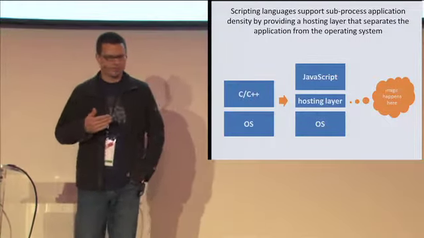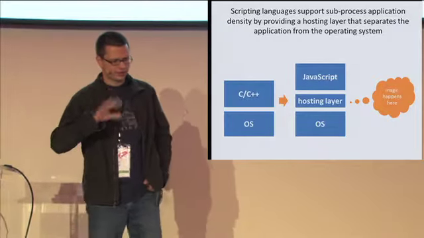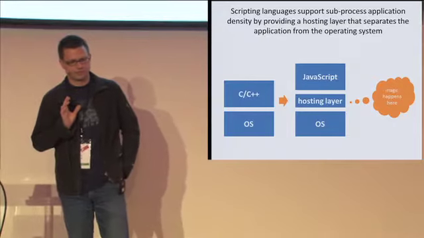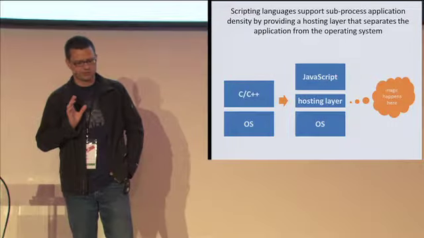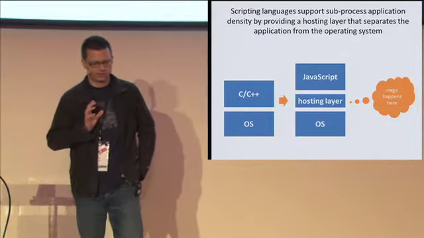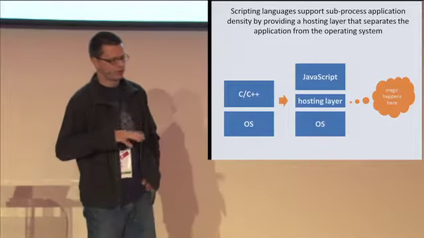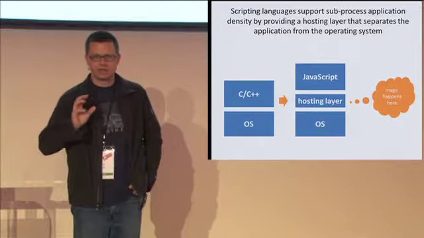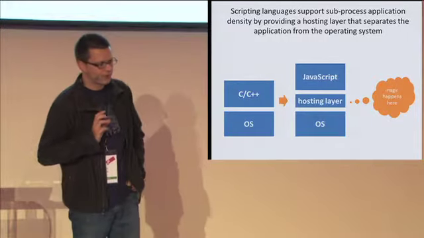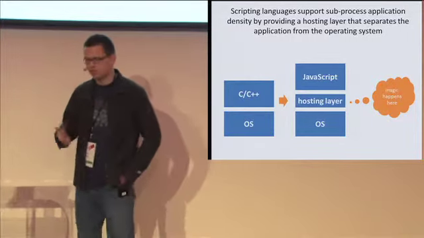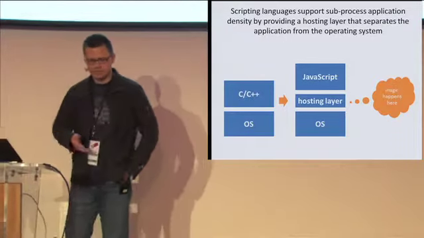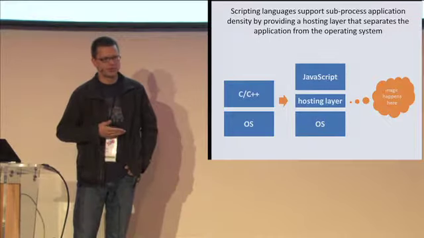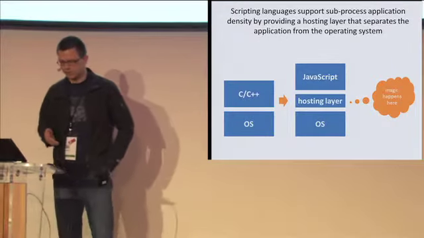So that layer could effectively provide a constrained set of primitives to the application such that it is easy and actually possible to control and limit resource consumption at a finer grain than the process. So in theory, you could run multiple applications within a single process and use the hosting layer to provide both isolation and resource metering between these applications.